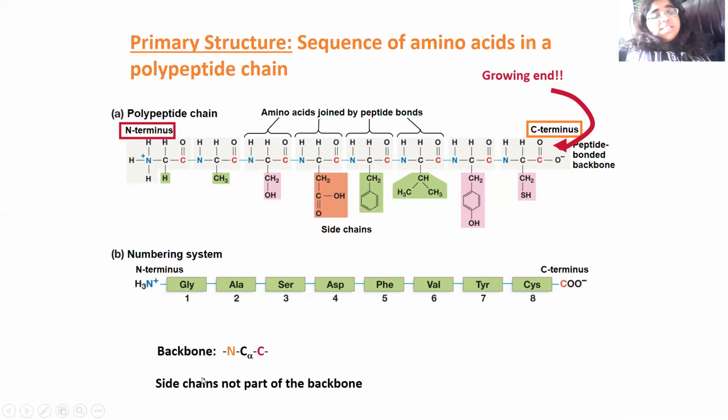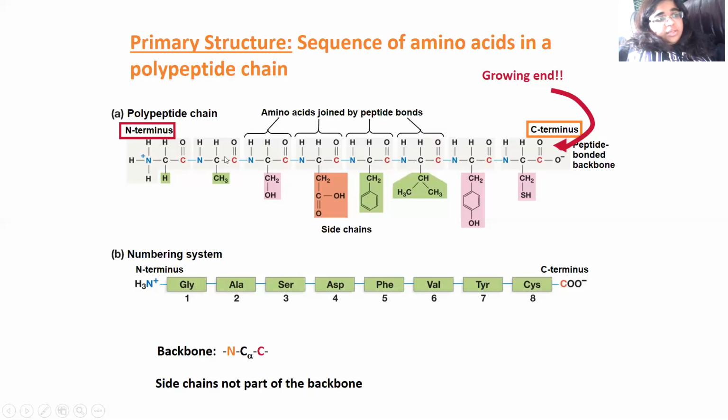Okay, so the side chains are not part of the backbone. The backbone of a polypeptide chain is the nitrogen, the amino terminus, the alpha carbon, and the carboxyl carbon, okay? So the nitrogen of the amino group, alpha carbon, and the carboxyl carbon, that's part of the backbone. You kind of see it in the middle here, right?